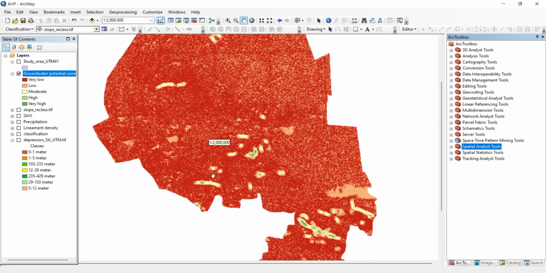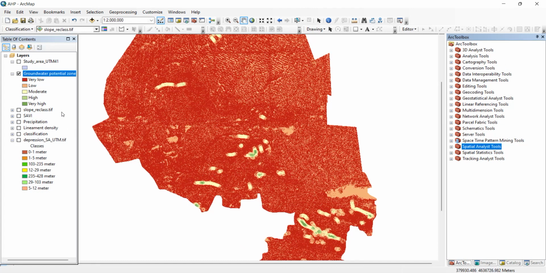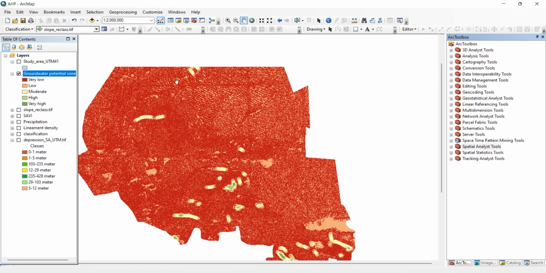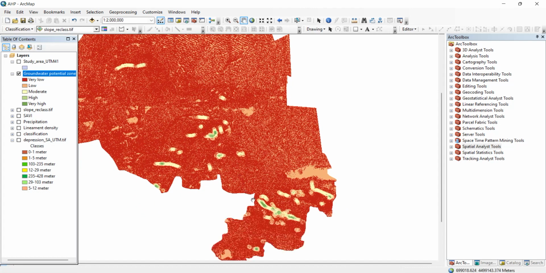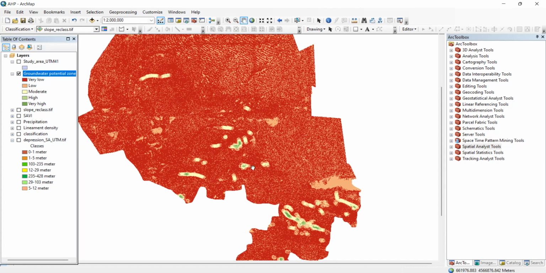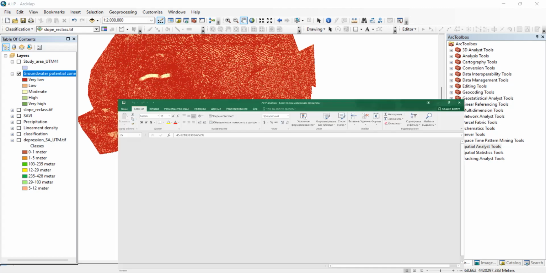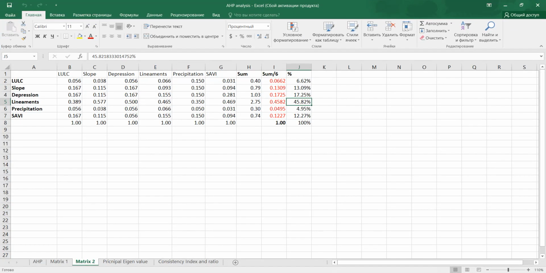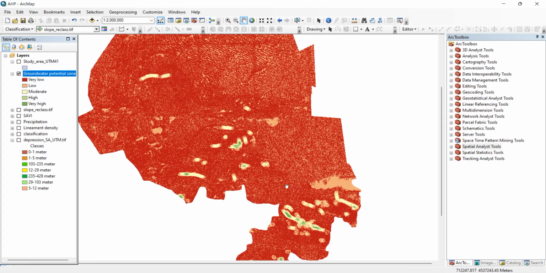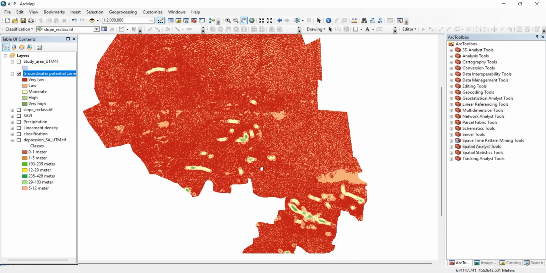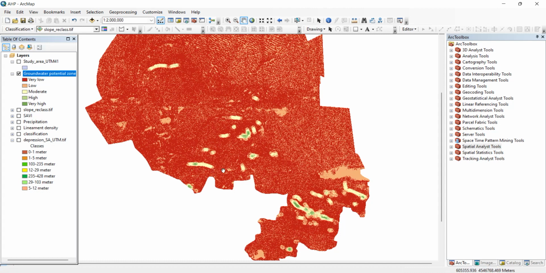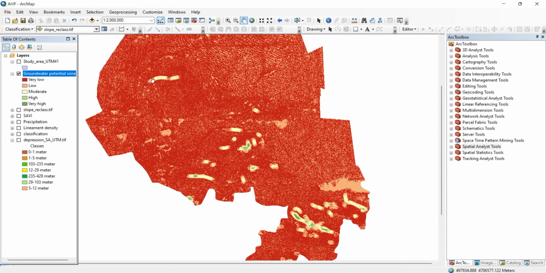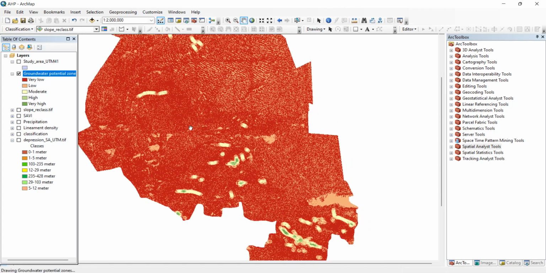See that if we zoom, most of the areas have very low probability, except the areas which are considered as alignment. Therefore, I was slightly worried that I assigned alignment this very high percentage, because I initially knew that ArcGIS will map only areas which are considered as alignments as potential groundwater zones.